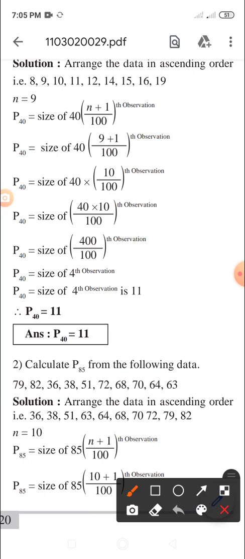So n is equal to first, second, third, fourth, fifth, sixth, seventh, eighth, ninth and 10th. So n is equal to 10.